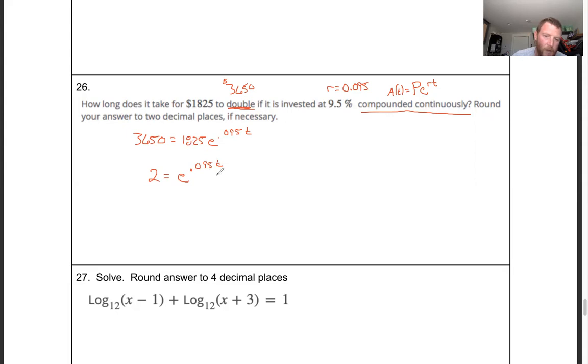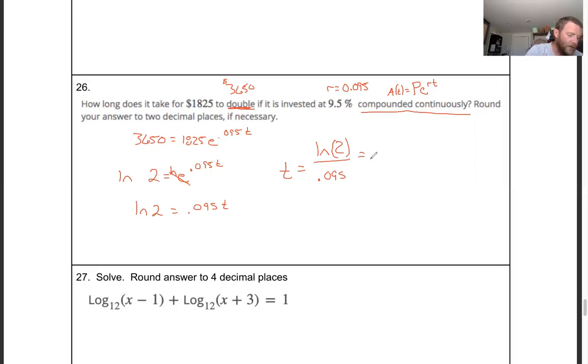How do I get rid of e? Getting rid of e deals with natural log. So I got to take the natural log of both sides. So now I'm left with the natural log of 2 is equal to, those cross off, 0.095 t, and then I divide by 0.095. So t is going to be natural log of 2 divided by 0.095. Now, make sure you close off this parenthesis.